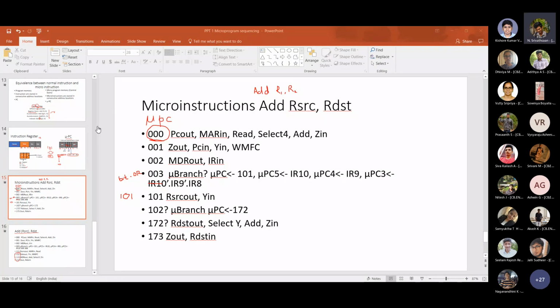Ma'am, the addition and the continuous steps are common for all types of addition, all types of addressing. Yes. Okay. These instructions are common for any type of addressing mode you take. That is why we have written it in a common address location, so that after executing certain parts of that micro program, you can jump to that common address and execute the rest.